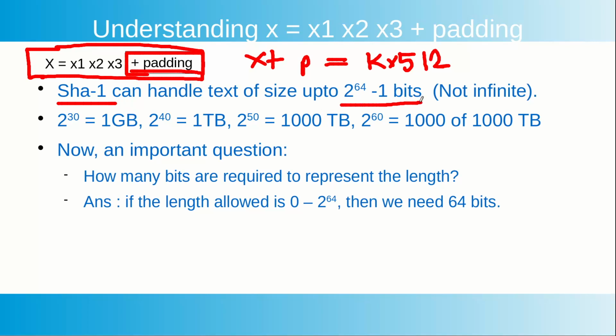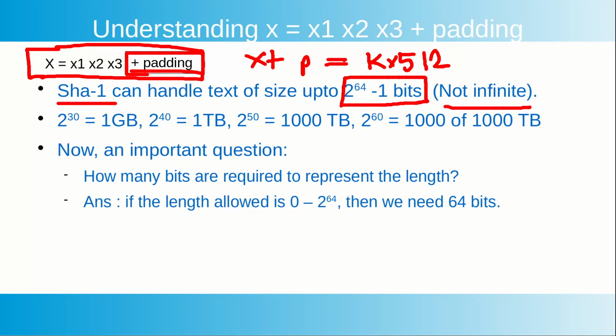It does not take arbitrary length text, it takes a text whose size is at most 2 to the power 64 minus 1 bits, it is not infinite. If the number of bits is up to 2 to the power 64 minus 1, then SHA-1 can handle it.